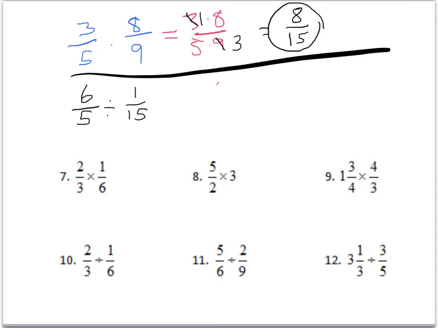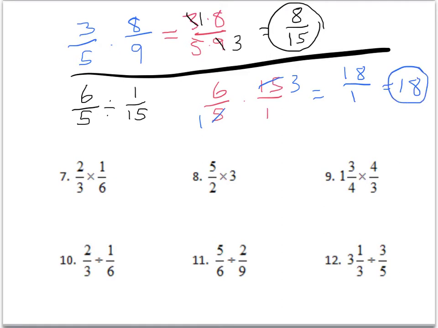In other words, I'm going to copy the 6/5, dot means multiply, and then flip 1 over 15 to 15 over 1. And then, just like I did in the previous problem, I can simplify. 15 over 5 is the equivalent of 3 over 1. Multiply 6 times 3, 18. 1 times 1 on the bottom is just 1. So we get 18 over 1, which of course is just 18.